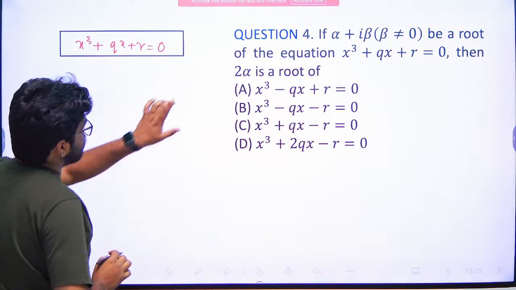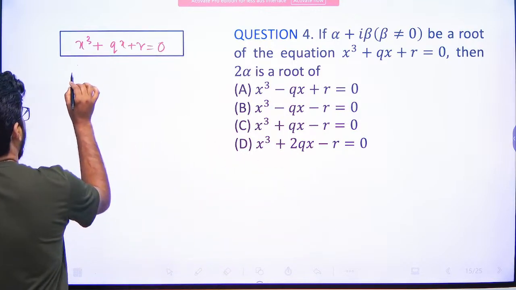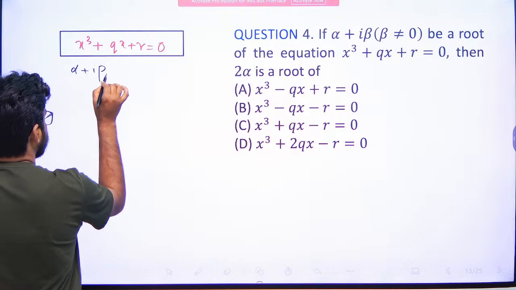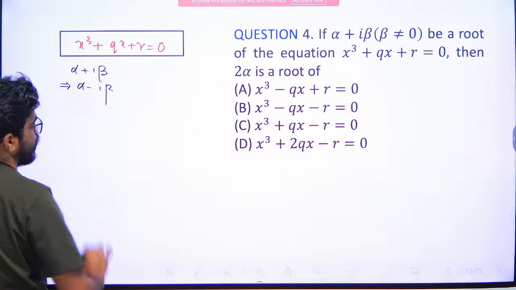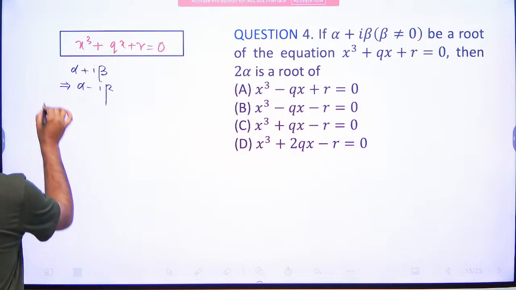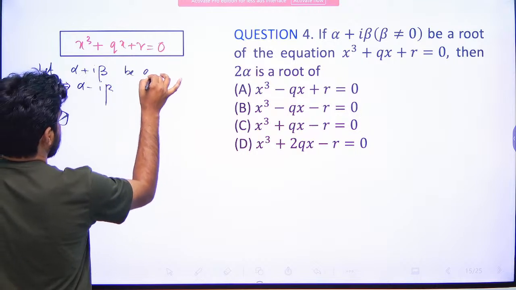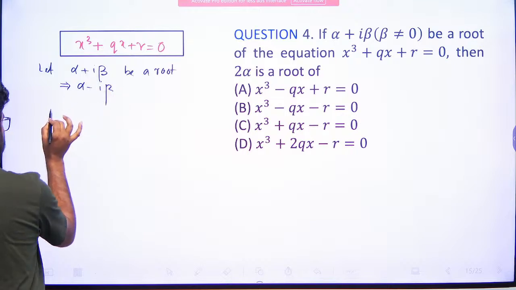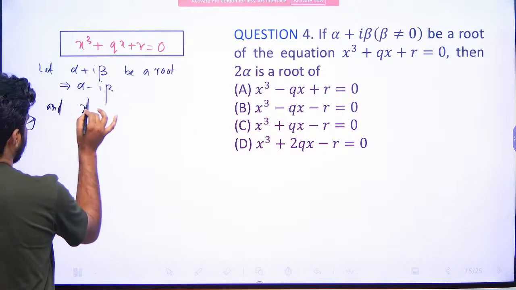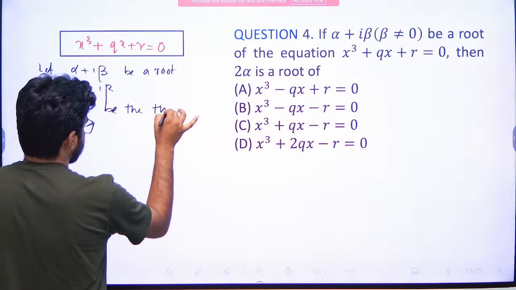Alpha plus i beta is a root, so automatically alpha minus i beta will be another root, and let gamma be the third root.